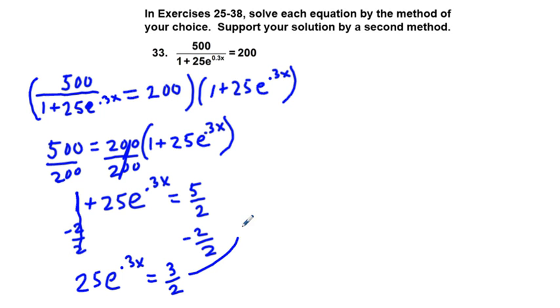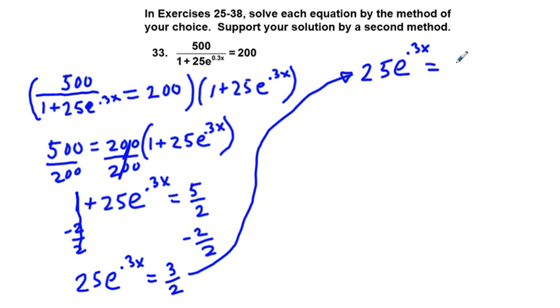And next we're going to take this equation up here, and I'm just going to rewrite this: 25e to the 0.3x equals 3 halves. And we're going to divide each side of the equation by 25.